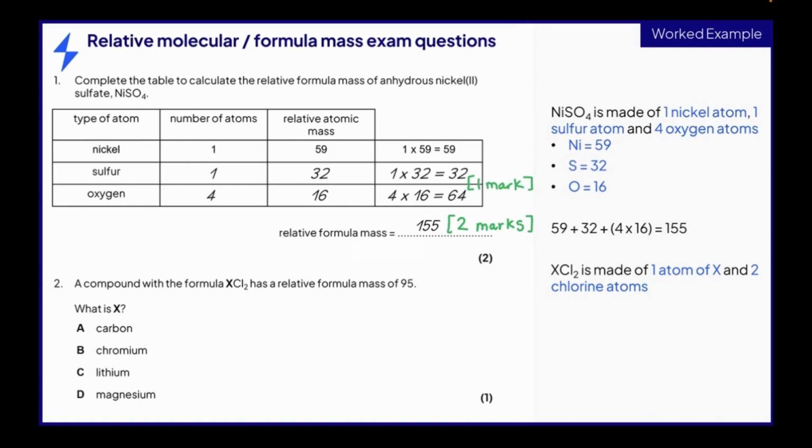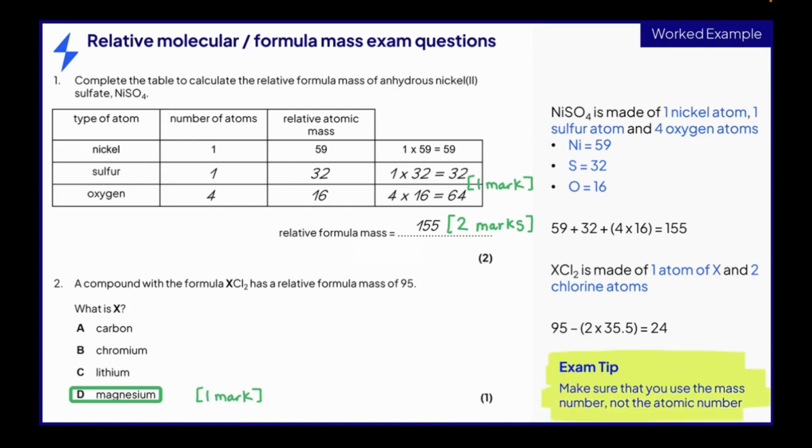From the periodic table, chlorine atoms have a mass of 35.5. So X is 95 minus 2 times 35.5, which gives an answer of 24. The element with a mass of 24 on the periodic table is magnesium. This answer gains 1 mark.